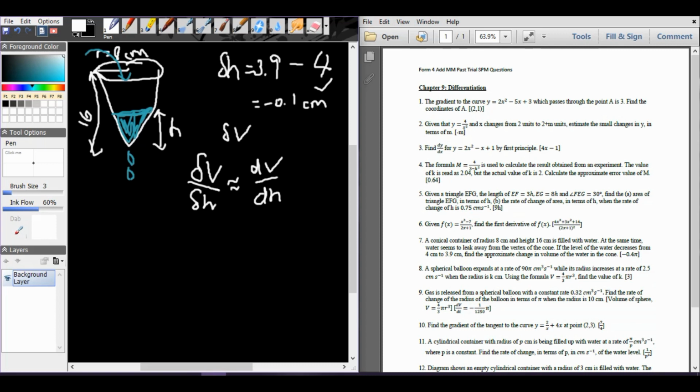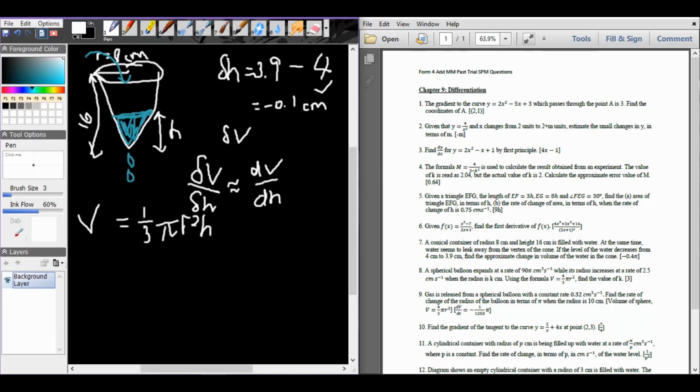Okay, the formula for the volume of a cone is V equals 1/3 pi R squared H. The water level here keeps changing, so we do not know the value of R and H, but we have to find the relation between R and H. Therefore, we have to use similar triangles. So this triangle and this triangle are similar.